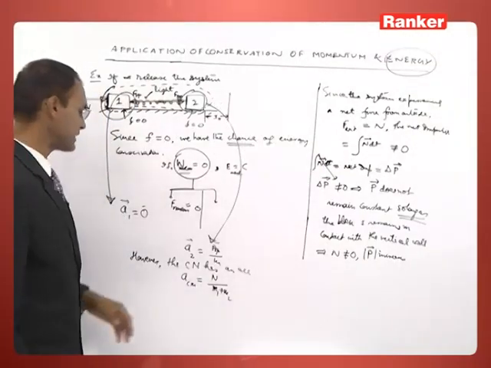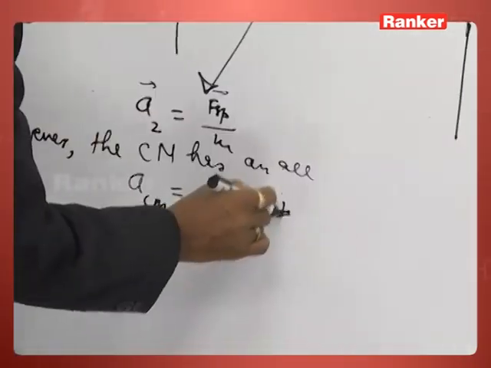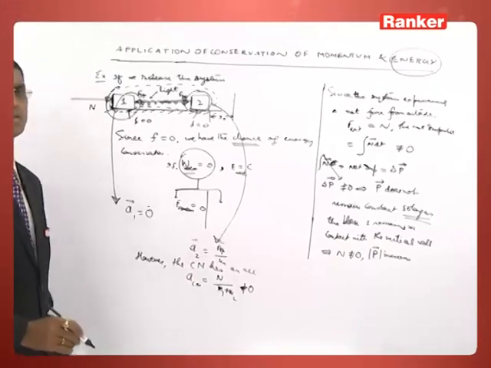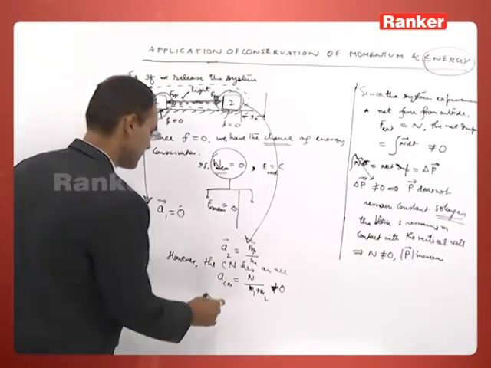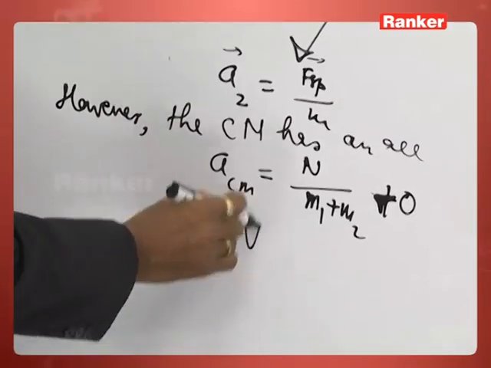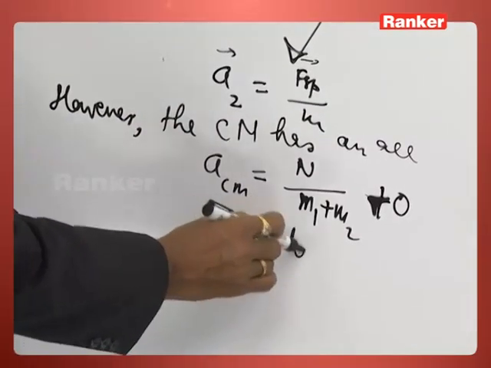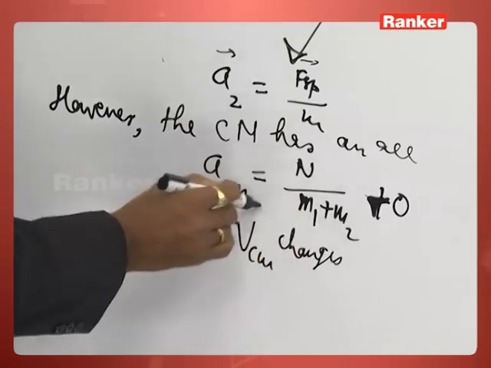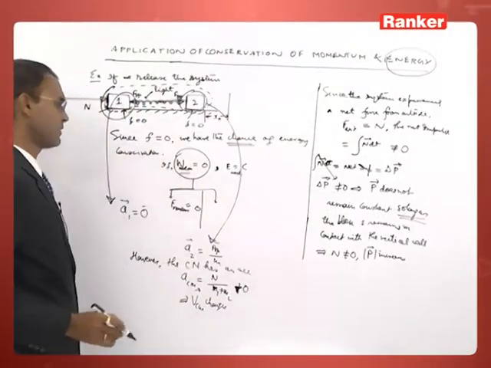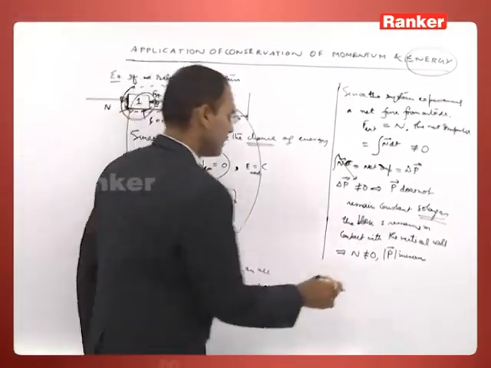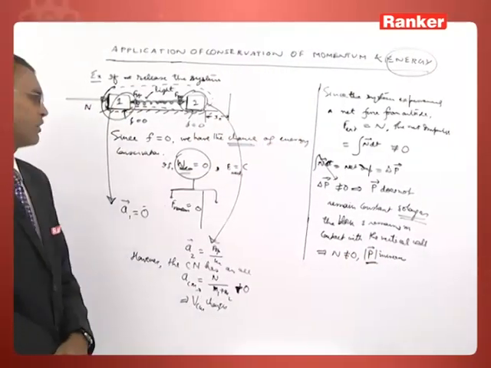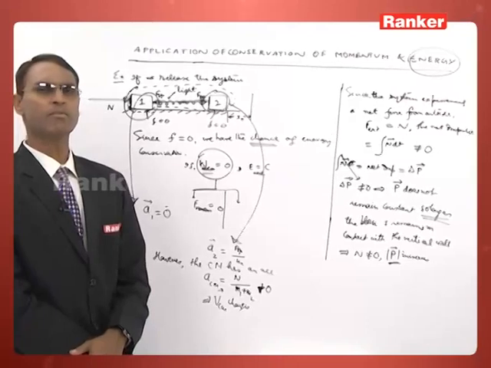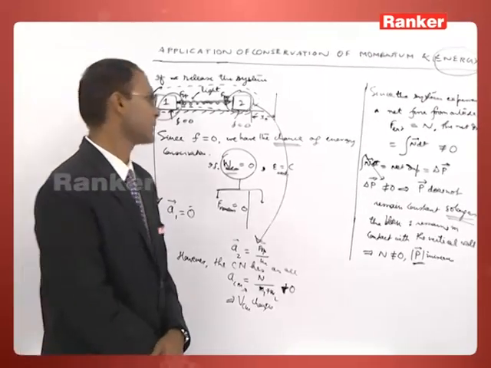The center of mass will accelerate. When the center of mass accelerates, the velocity of the center of mass changes. Or you can say that the momentum of the system will keep on changing.